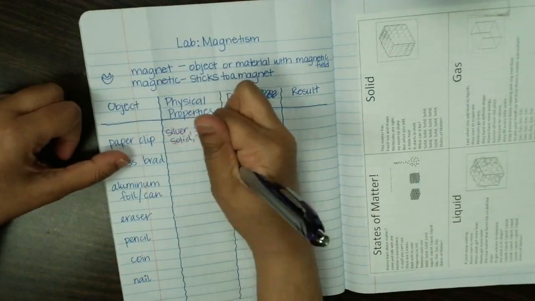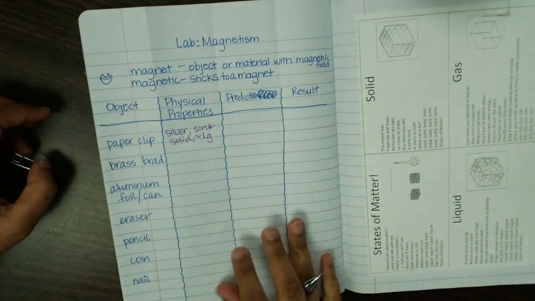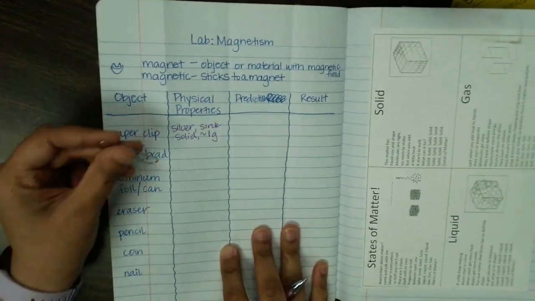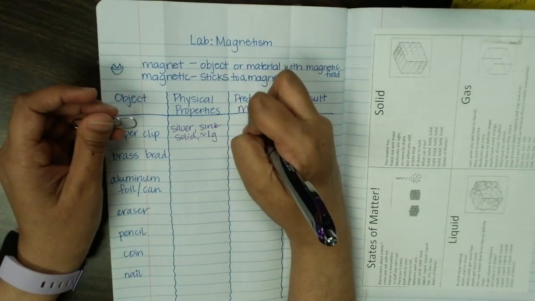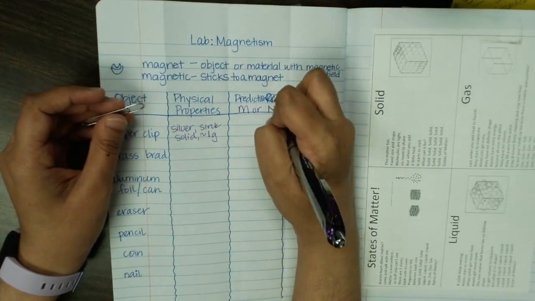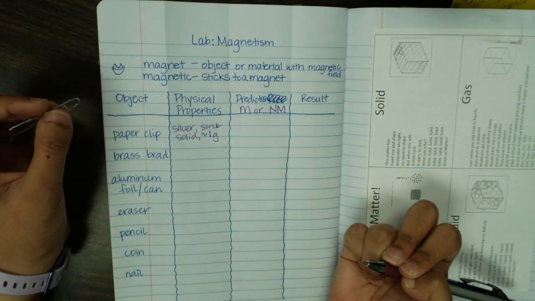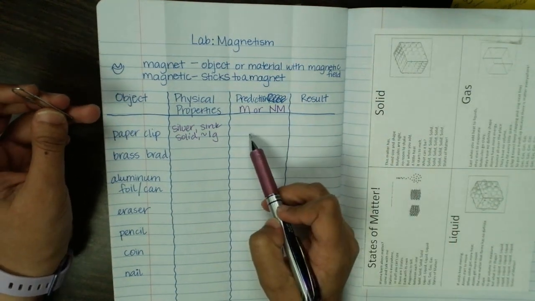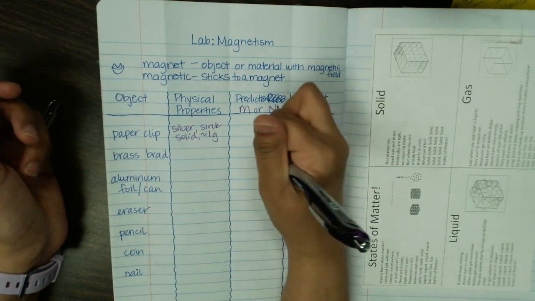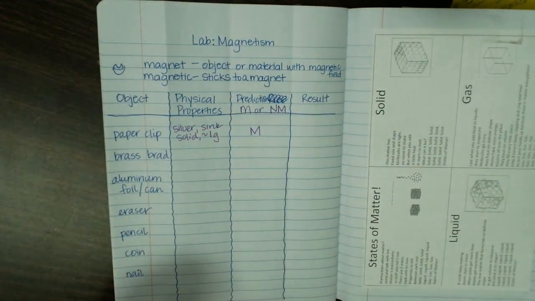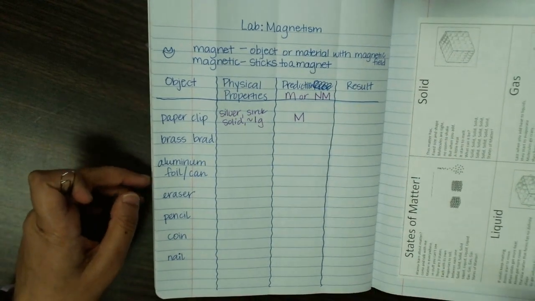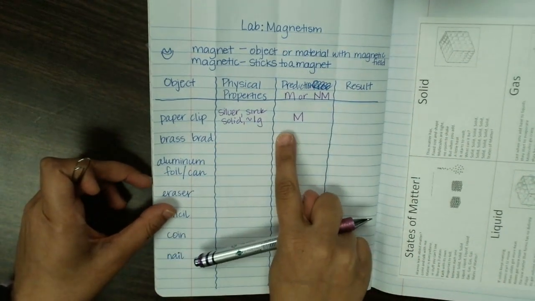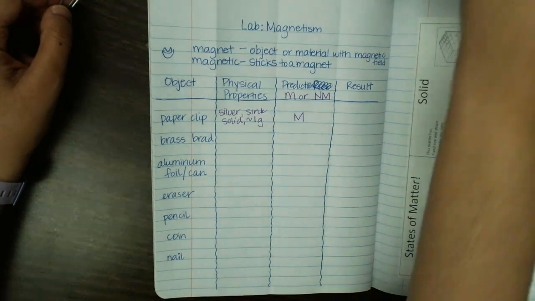So I'm including the mass. It's about 1 gram. So there's my physical property, and I'm going to predict, is it magnetic or not magnetic? I don't want you to write out the entire word. So just write M or N. So I think it is magnetic. We will do the result on the next video, but this is what I want you to do. You're going to write the physical properties and write a prediction. So you've done this one with me.